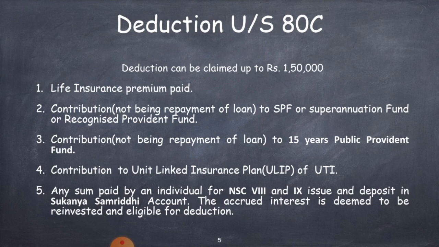Here life insurance premium paid on the life of the assessee himself or his spouse or his children can be claimed. Here the child can be natural or adopted, minor or major, married or unmarried, or employed or unemployed. Here no condition is applied.